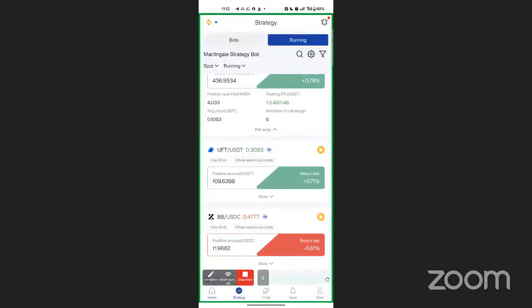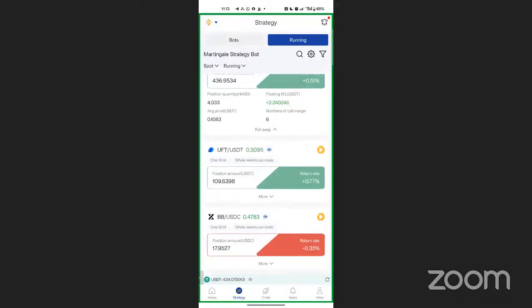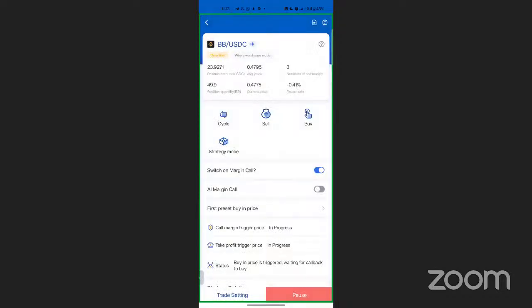This is the USDC market, this is the USDT market. Can you see more margin calls being bought here? And my money is increasing. My first margin call was $5. It's now 23. Whenever it buys, slowly, slowly.